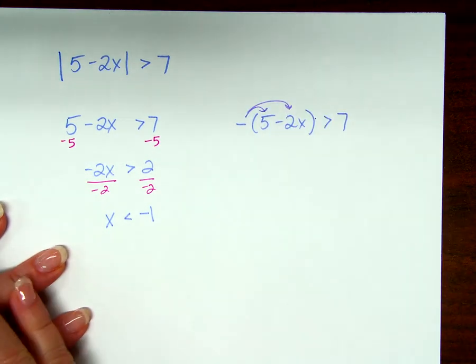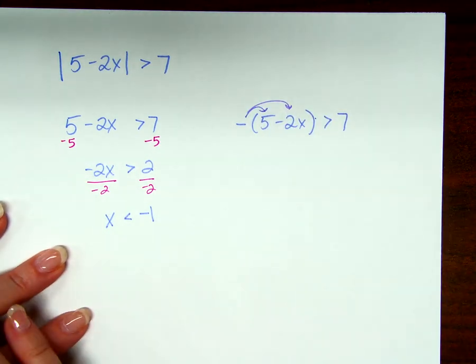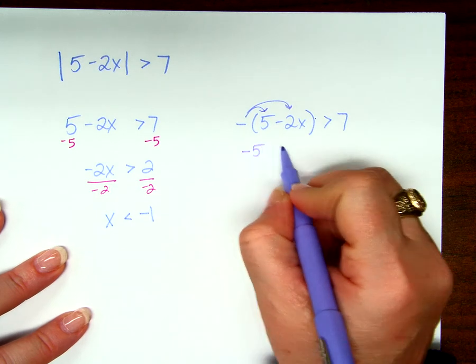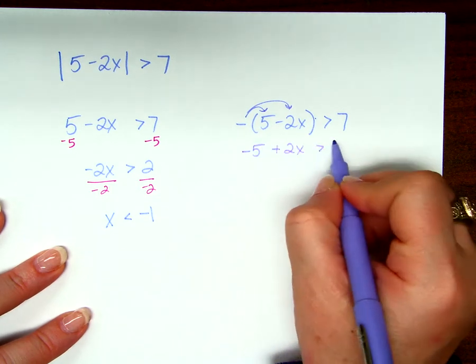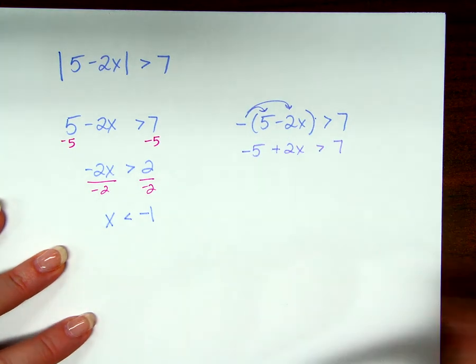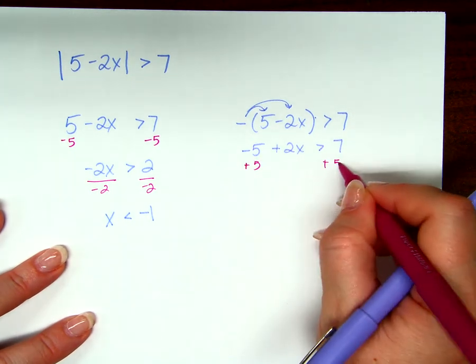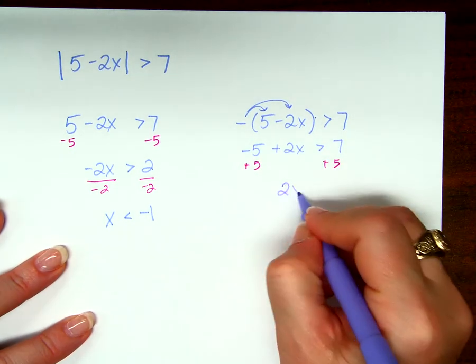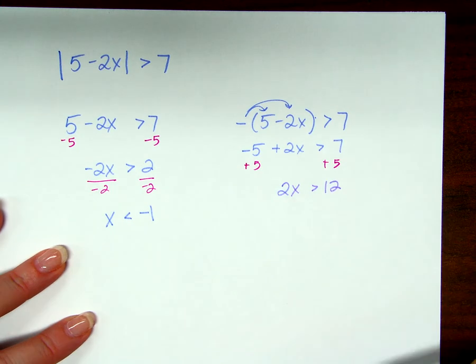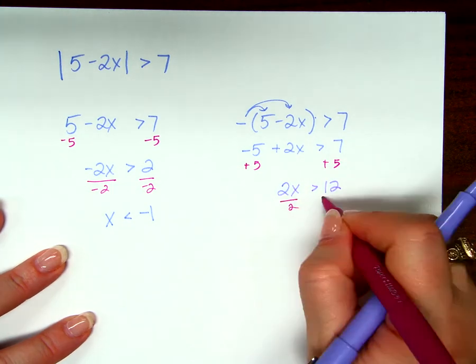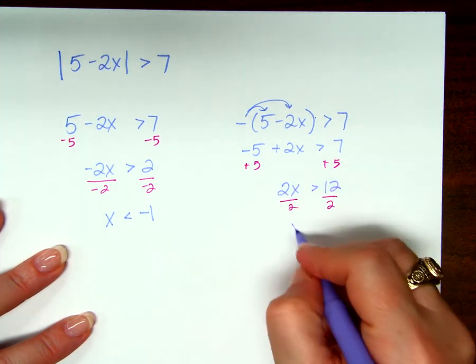That's not what we did last time. Last time we just divided it away right away. If we do it this way, we get negative 5 plus 2x is greater than 7. I would add 5 to both sides to get 2x is greater than 12. Dividing both sides by 2 gives me x is greater than 6.